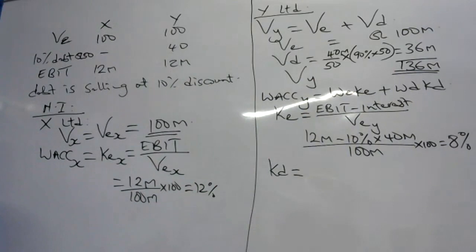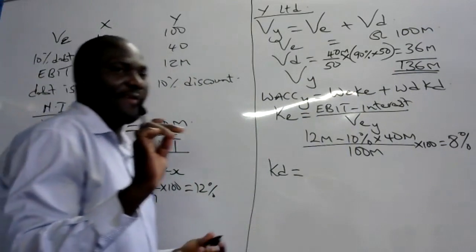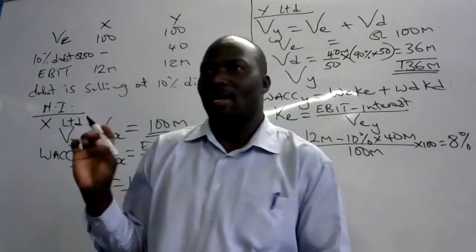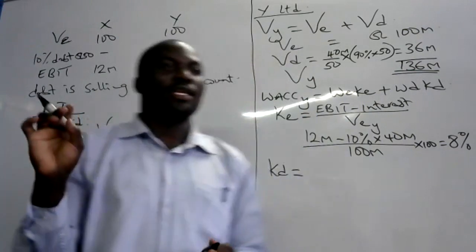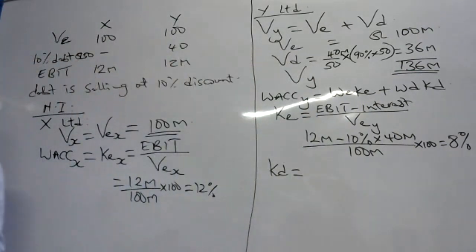So KD equals 10% of, but then you don't get 10% exactly, because the debt is not selling at par.